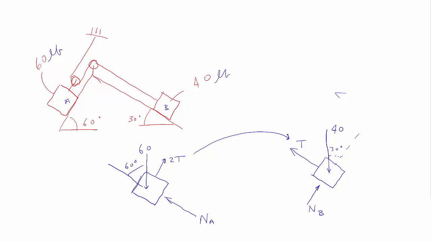So we need to figure out what, let me see if I can rewrite this weight here. If I redrew the weight so that it started here, came down, I'm interested in finding out that value as well as this value.